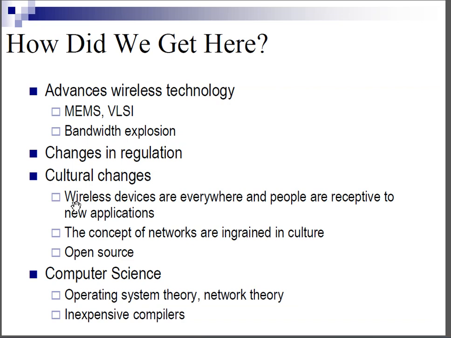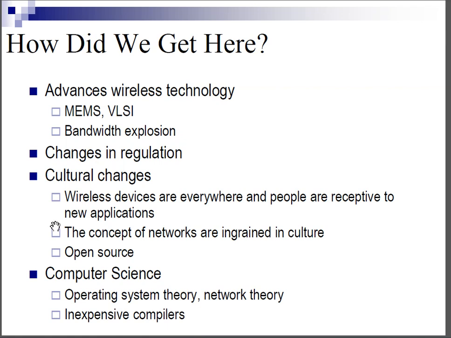So how did we get there? How did people think about wireless sensor networks, and what happened? Look at the story. The first one is the advances in wireless technology like MEMS and VLSI. As I said, MEMS stands for micro electro mechanical systems, or NEMS for the nano version.